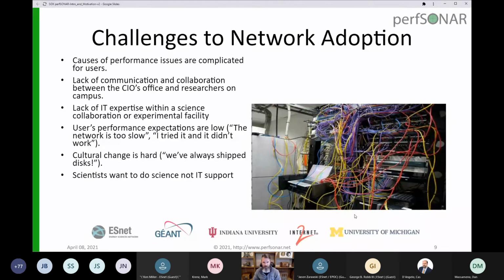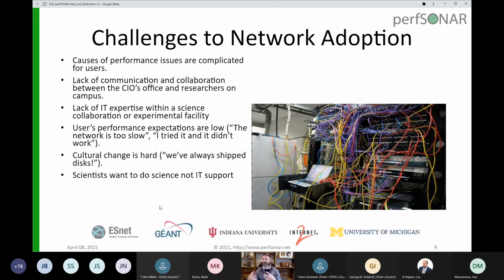They may not even know you have a Science DMZ. They may have no idea what a Science DMZ is. They may not know that they should be hooked up to that, or that that's available to them to do high-speed transfers. And because of that, they may have had experiences in the past that, oh, I tried it once and it didn't work, or the transfer speeds were terrible, or maybe they had a run-in with a former IT staff member who really didn't help them out, didn't give them the support they were looking for, and so they got frustrated and said, it's easier for me to put all this data on a disk and ship it.